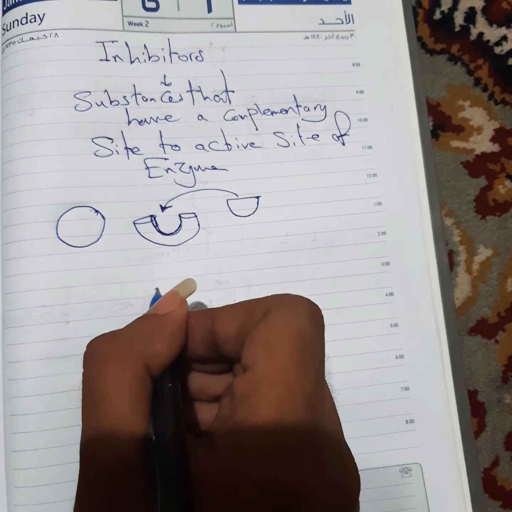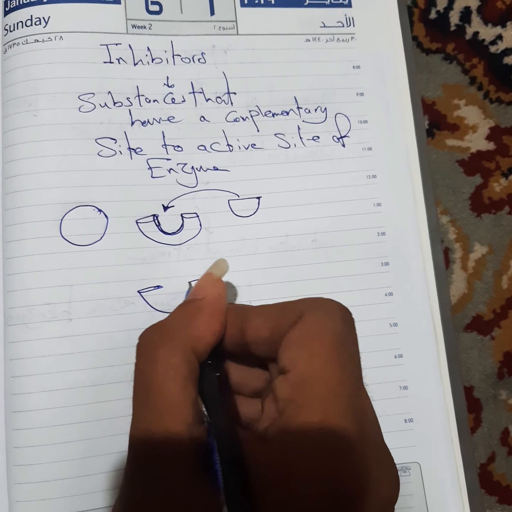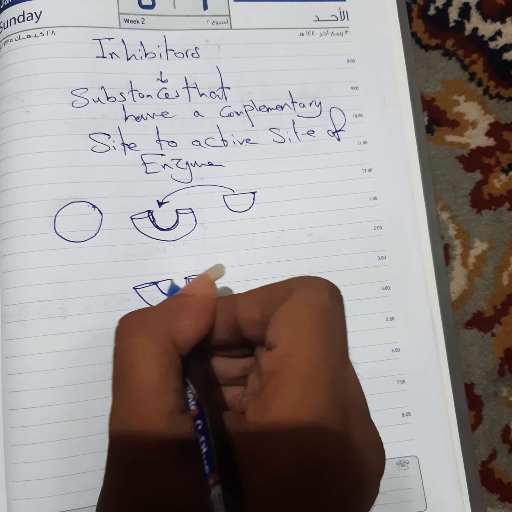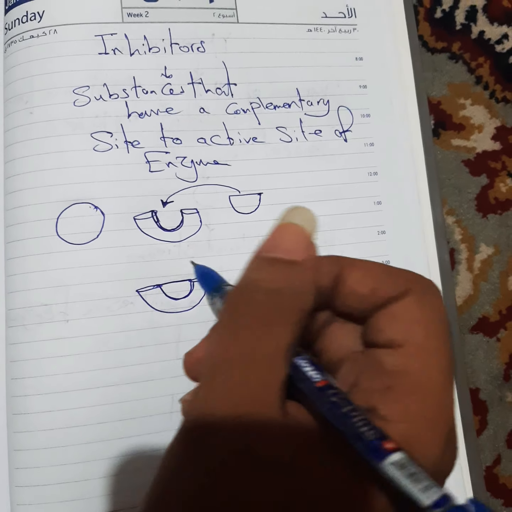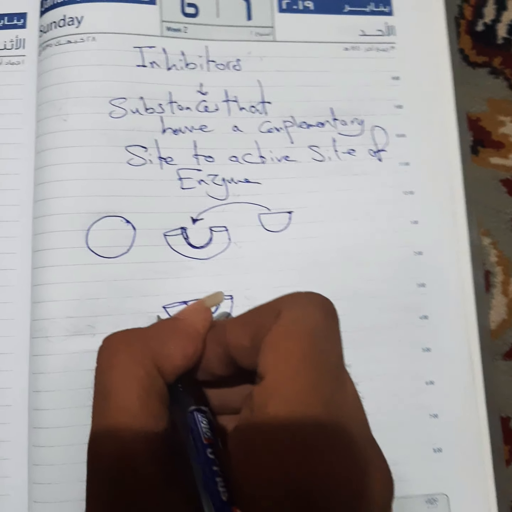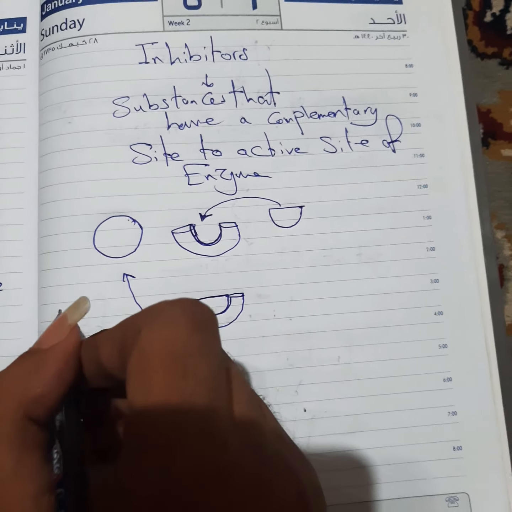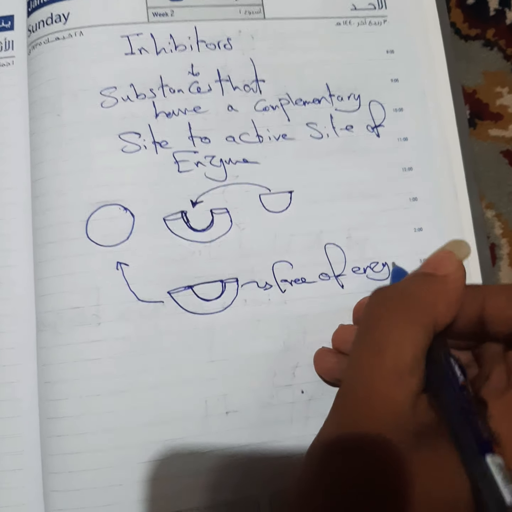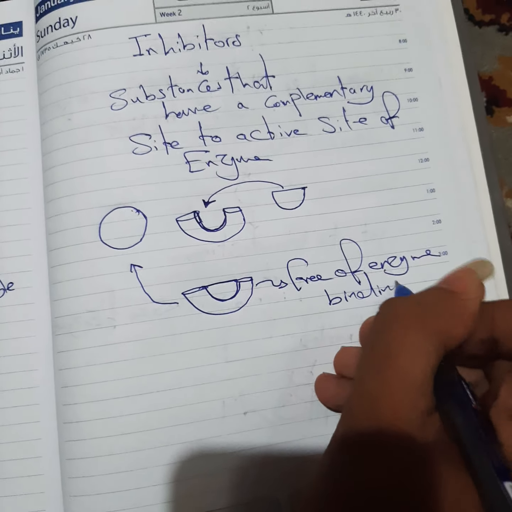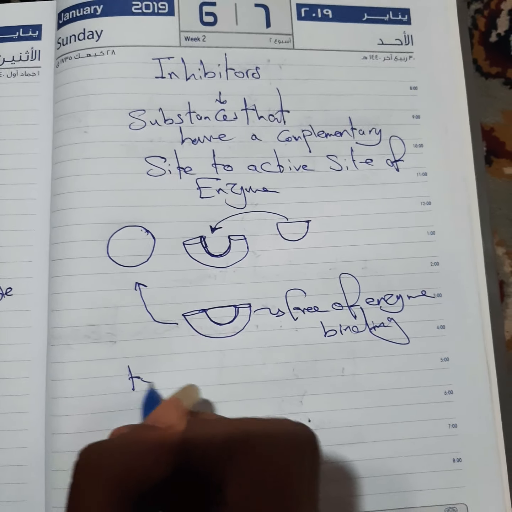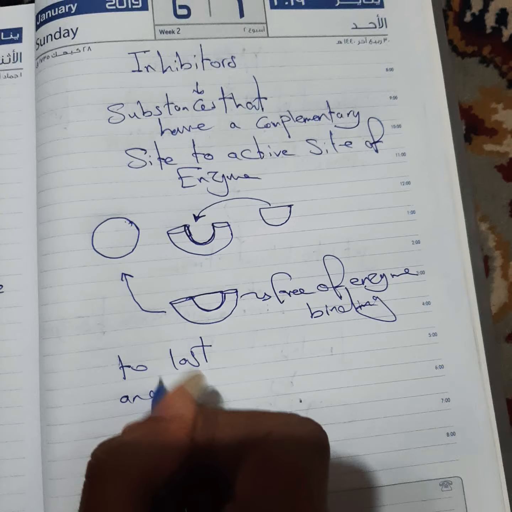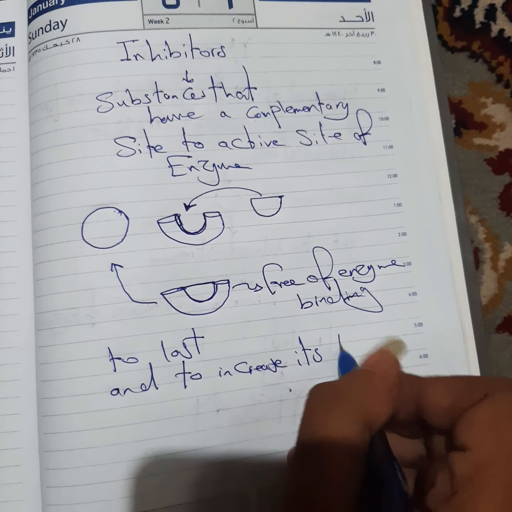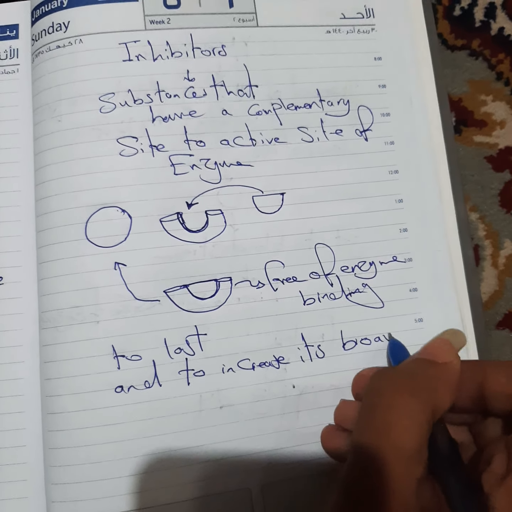So this inhibitor will take some of the active sites of some enzymes and will give the chance for our drug of interest to be free of enzyme binding, giving it the chance to last and to increase its bioavailability.